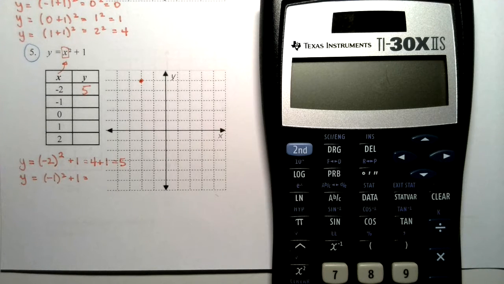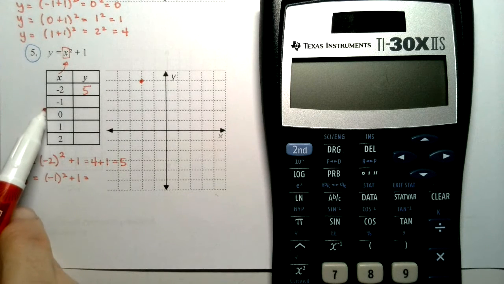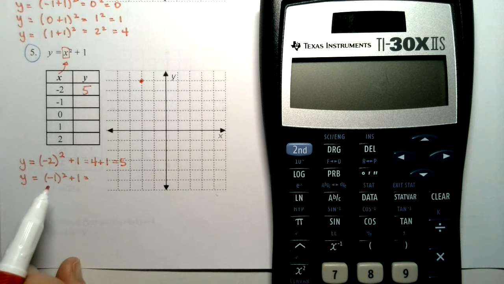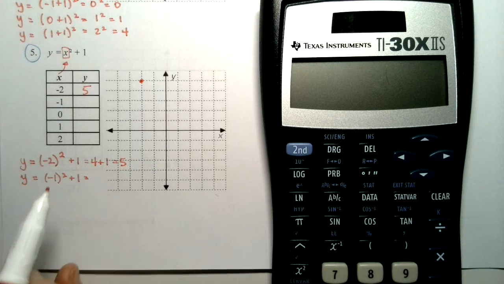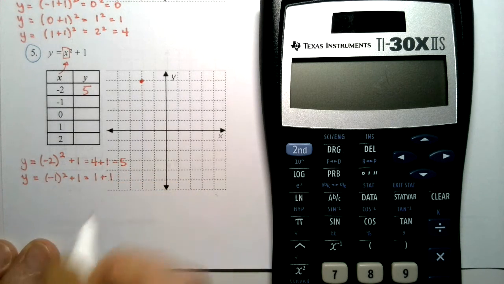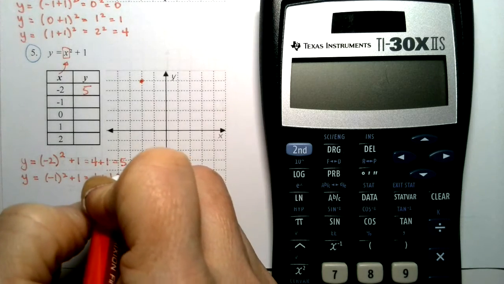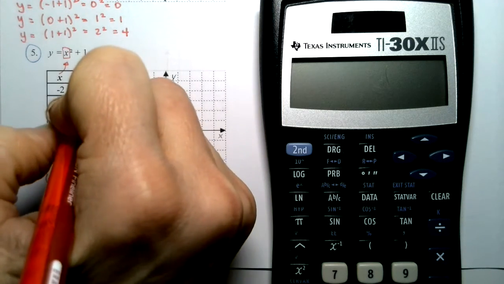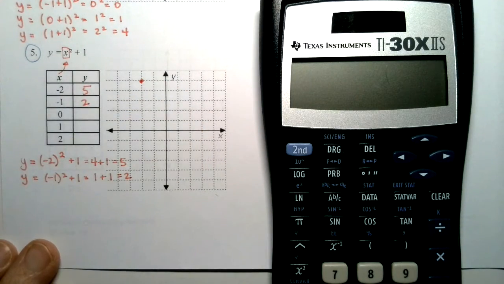My next point, plugging in -1 for x, -1 squared. So -1 times -1 is 1, plus the 1 that's on the outside. 1 plus 1 is 2. Then we would plot that point.